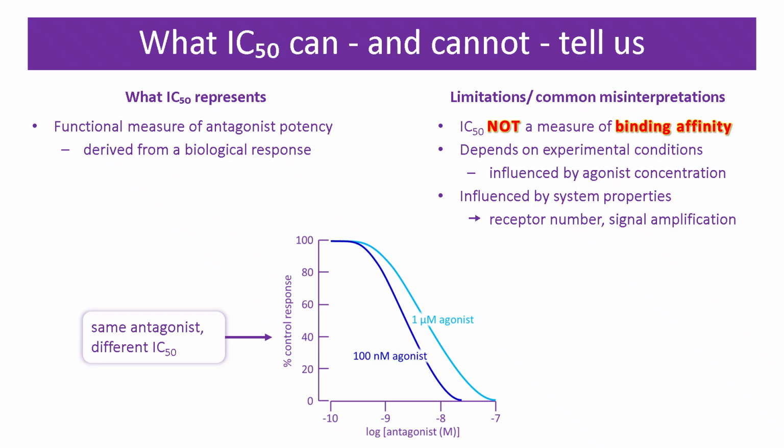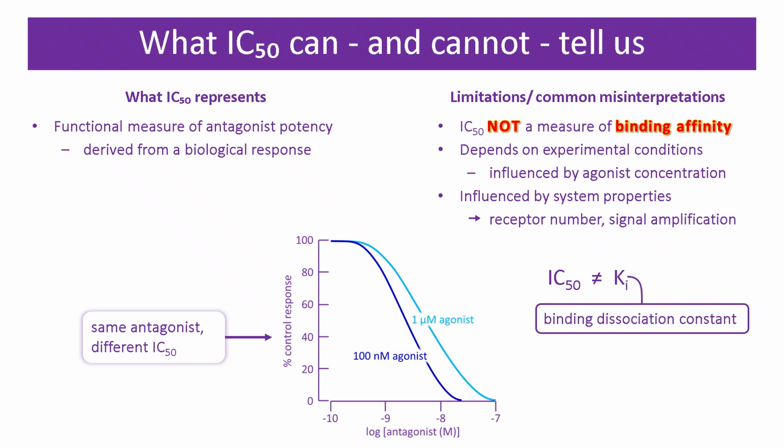This leads to an important distinction. IC₅₀ is not the same as Kᵢ, which represents the binding affinity of an antagonist for its target. In principle, Kᵢ is an intrinsic property of the ligand-target interaction and is independent of the experimental system.